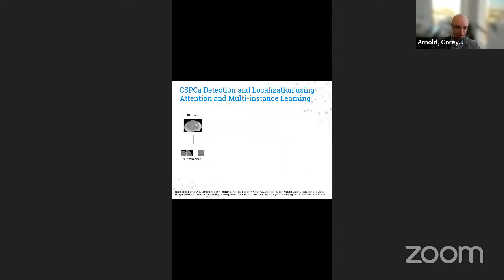So in the MR space for prostate, we applied MIL, and it looks a bit like this. So we have our 3D mpMRI, and the overall label is derived from biopsy. And so it's the highest cancer grade assigned from the associated biopsy.